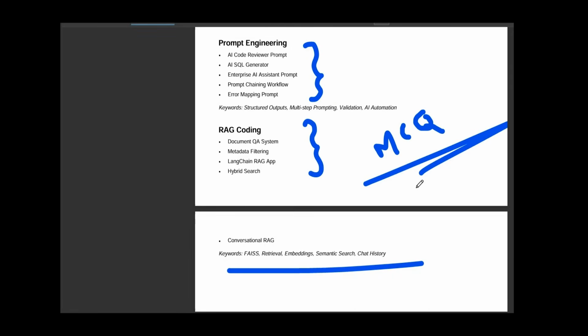If you are preparing for this assessment, focus mainly on Angular or React hands-on coding, prompt engineering, RAG implementation, API integration, AI chatbot frontend, CRUD applications, vector database. These are the most important topics you will get in the assessment.